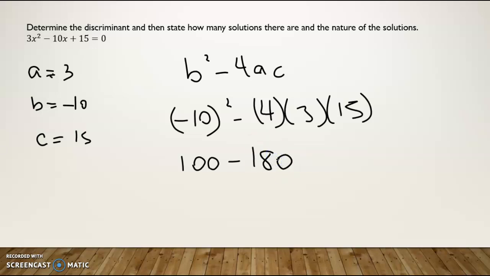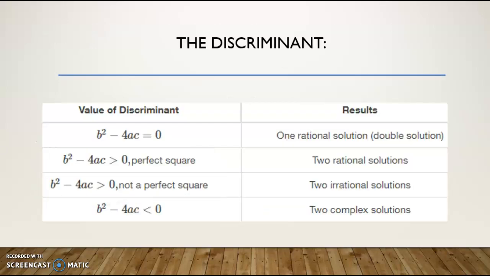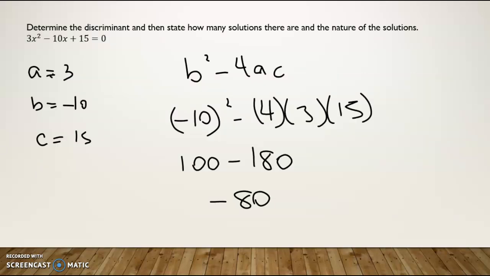Okay, so 100 minus 180, that'd be -80. Now it is less than 0, so it looks like we'll have two complex solutions for this one right here.